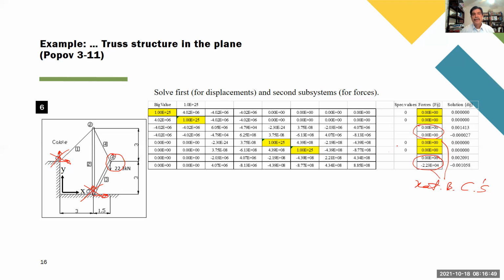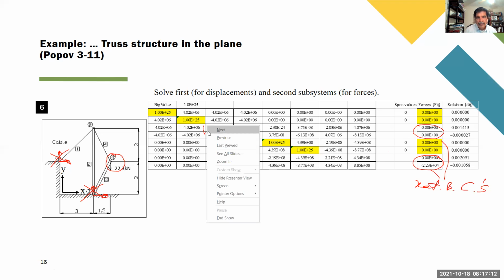Okay, so what we should do is take a subsystem. So we take some of these equations and put them down here, and we will have 4 equations and 4 unknowns. Okay, but the problem is that in this case, the system would be something like this part here.